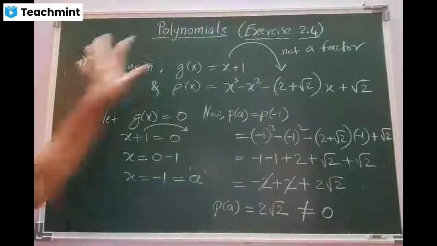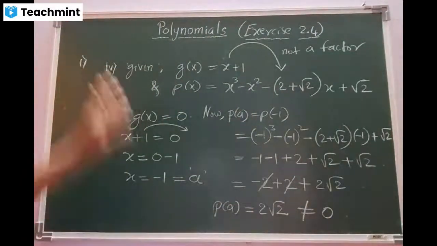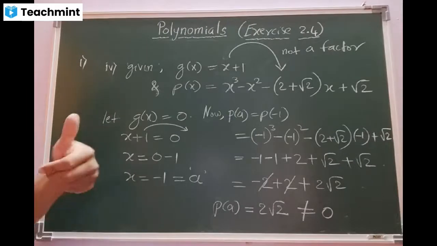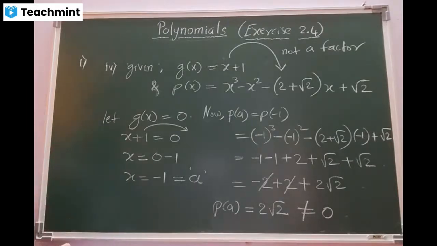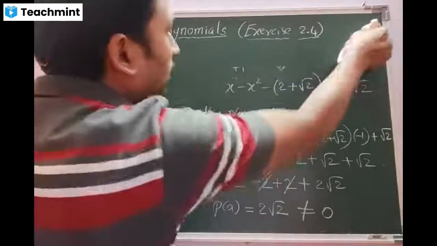of x cube, but copy till minus here quick. I will write the final sentence. Write down fast. Written? Yes, sir. Final sentence, beta. We have to write the conclusion.